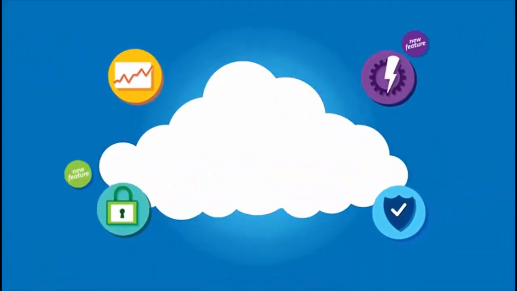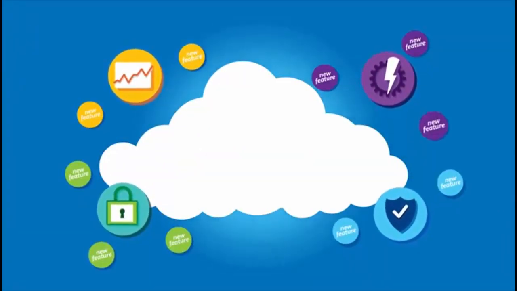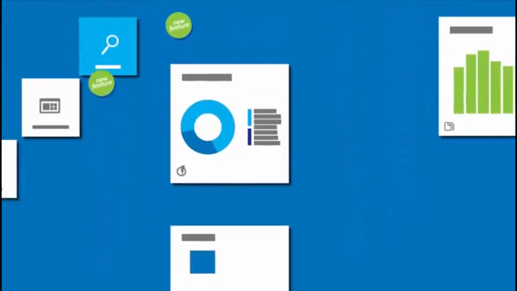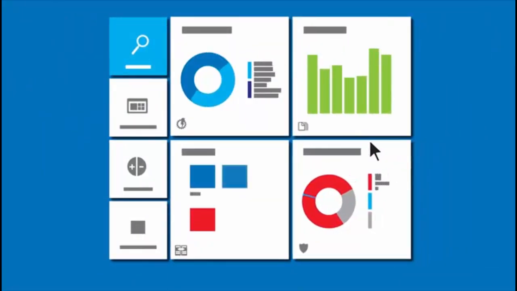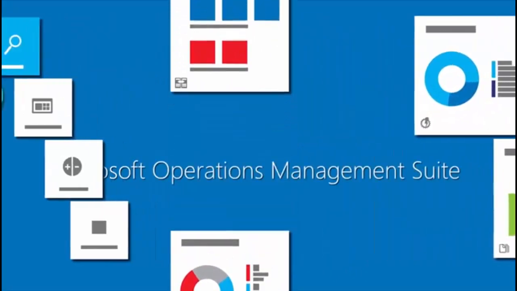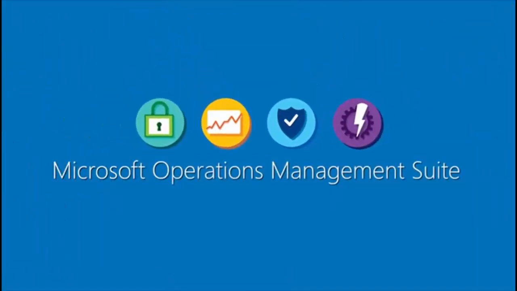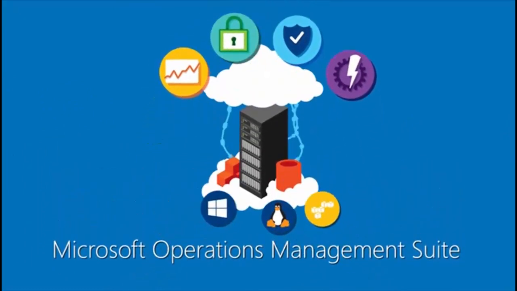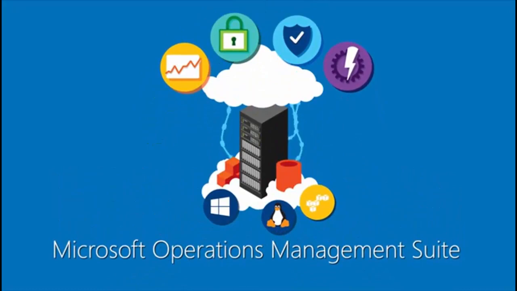Born in the cloud, OMS delivers features on a continuous cloud cadence, providing IT professionals superior operational visibility, agility, and service levels at lower costs. Microsoft Operations Management Suite is the all-in-one IT management solution for any enterprise managing any workload on premises or on any cloud.